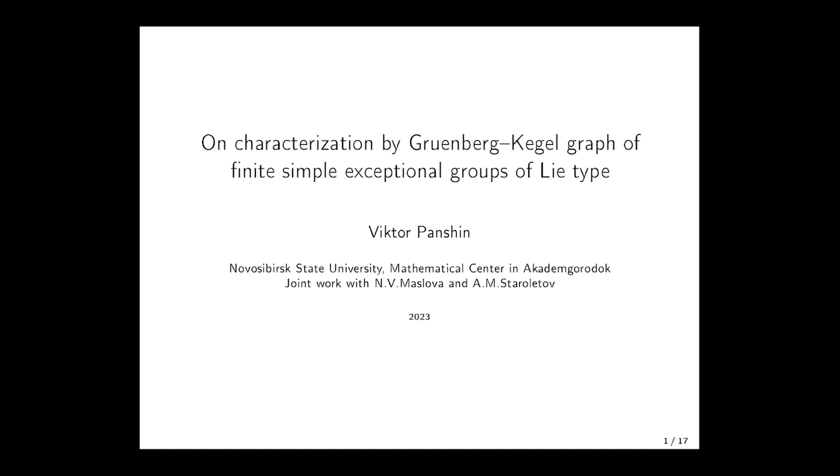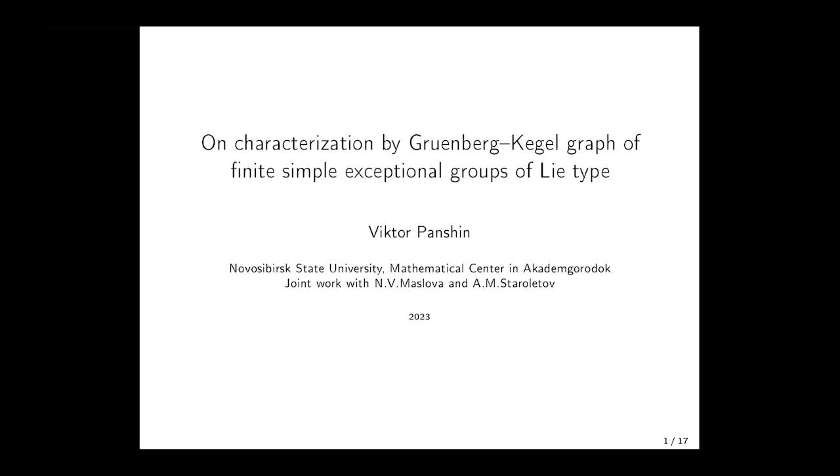This could be anything. For example, you can take the set of conjugacy class sizes, the number of conjugacy class sizes, the set of all element orders, maybe character degrees, character co-degrees, and so on.